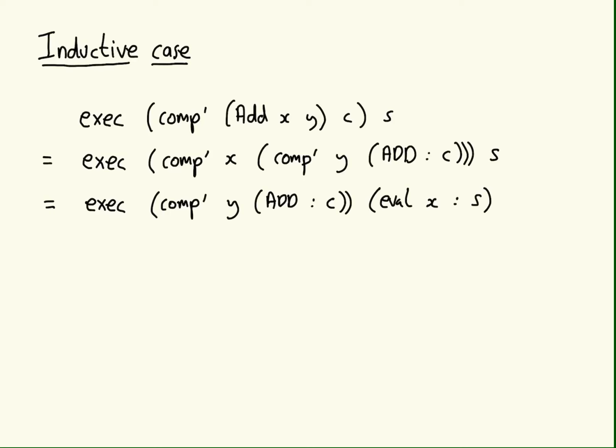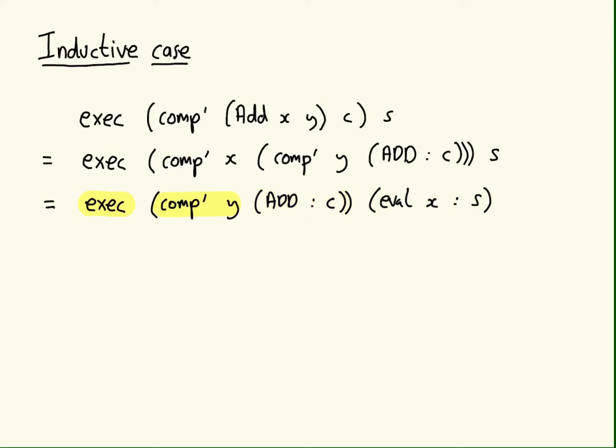So now I can look at this expression, and it hasn't really got any simpler. It's still quite a jumble of symbols, but actually already with no further calculation, I can already apply the induction hypothesis for y. Because what I have now is I'm executing the result of compiling prime y, then I've got some additional code, and this is my initial stack here.